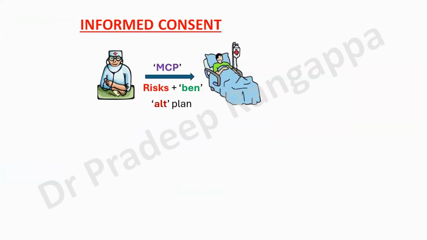Informed consent is where we explain to the patient the medical care plan, and we explain the risks and benefits. It is also expected that we explain the alternative plan to a patient who is competent enough to understand, and there is a voluntary acceptance of what has been explained.